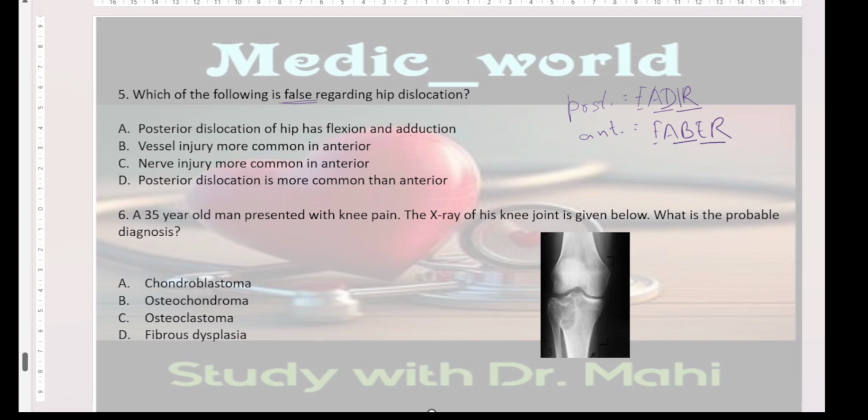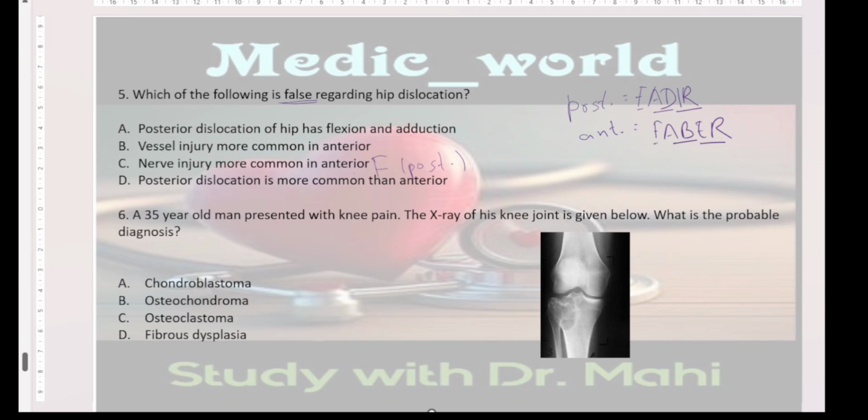Okay. The next option is vessel injury more common in anterior dislocation. It is also the correct statement. Now, the next statement is nerve injury is more common in anterior dislocation. This is the false statement because nerve injury is more common in posterior dislocation.